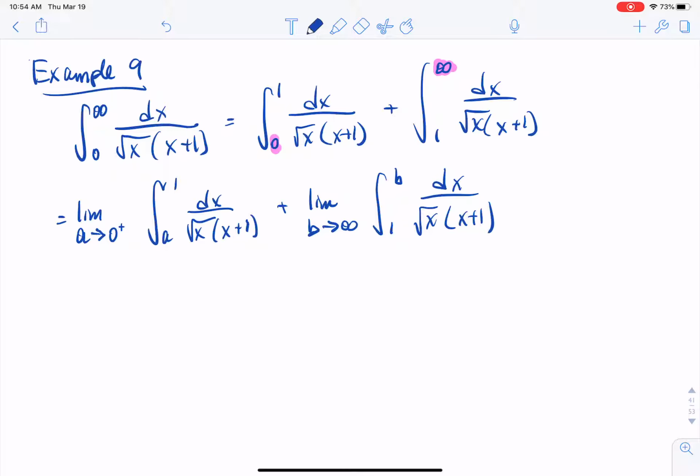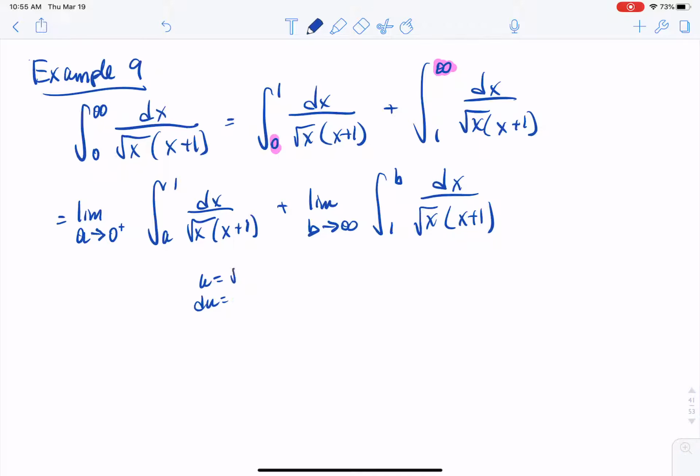Now the chore is to actually find the antiderivative of this thing, and it is absolutely not obvious, right? You might think we're going to do some sort of u substitution, but what are you going to choose as your u? If you chose x plus 1, your du is equal to just dx. That's unhelpful because we still have this square root of x down here in the bottom.